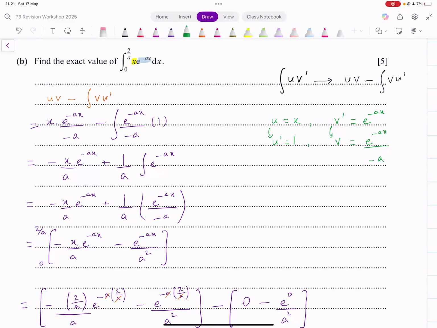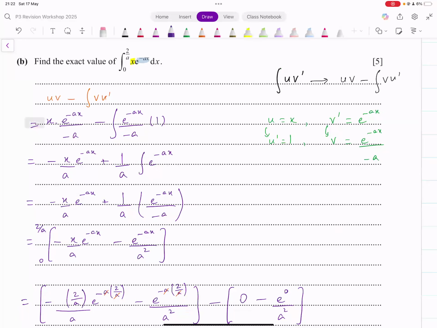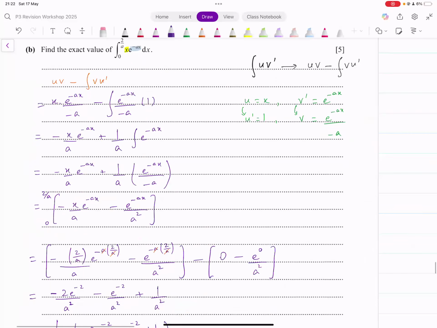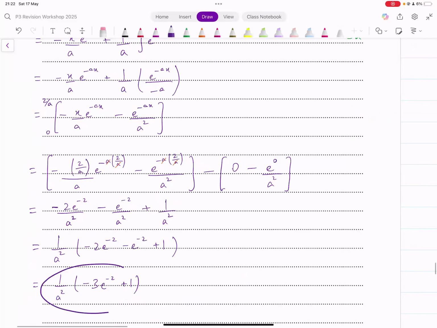Don't get worried about a. Just keep writing it as a or minus a. That's just like any other number. For example, it could be -3, -4. So you'll just do everything in terms of a. Eventually, in this case, what happens is when you simplify everything, you get this as the result, and the result is also in terms of a.